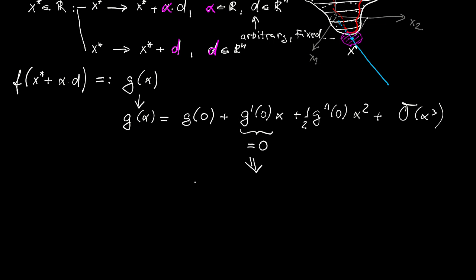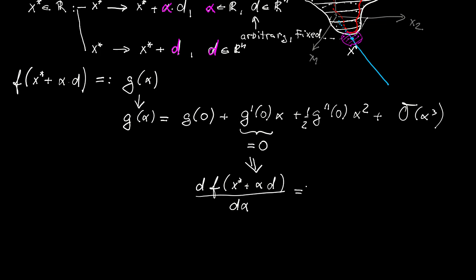So what we are after now is the derivative of our f function for fixed x star, fixed d, and alpha as the variable. So derivative of this with respect to alpha.